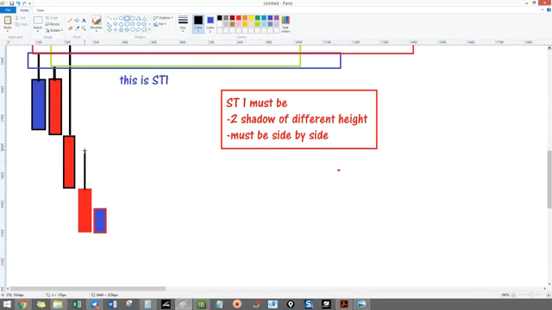For example, like this, and then like this. This is not ST1, okay? This is not ST1. It must be higher than this. It must be higher over here. Then it can become ST1. Alright?